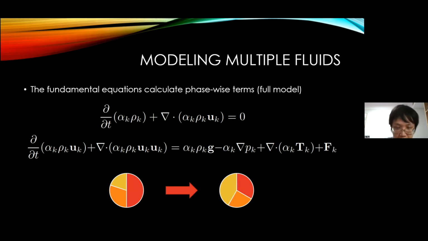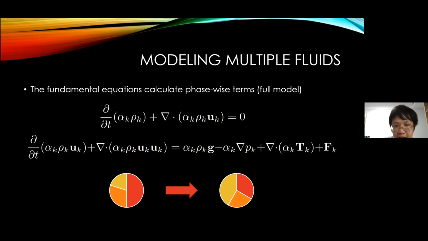So comparing with the single fluid equations, we can find that there's an alpha K term in this equation, which is the concentration, or more specifically, the volume fraction of these multiple fluids.